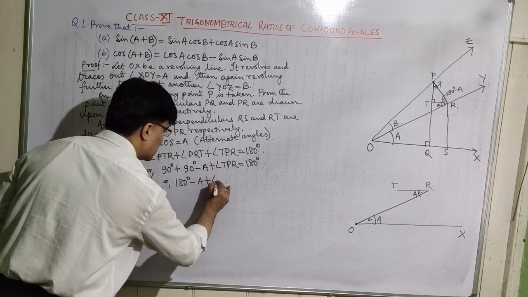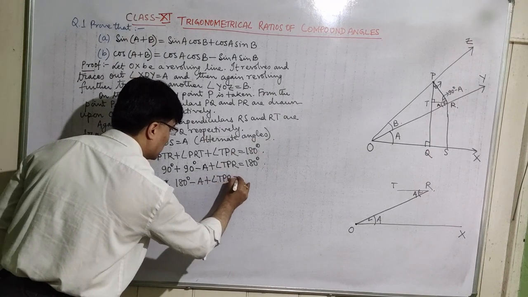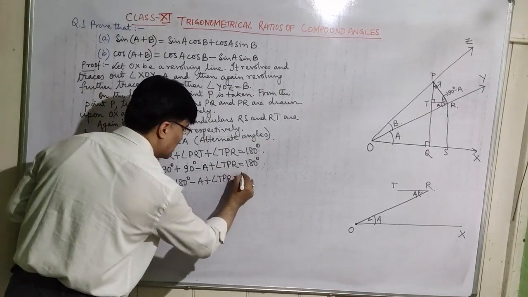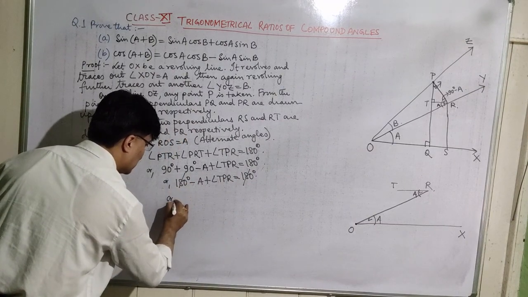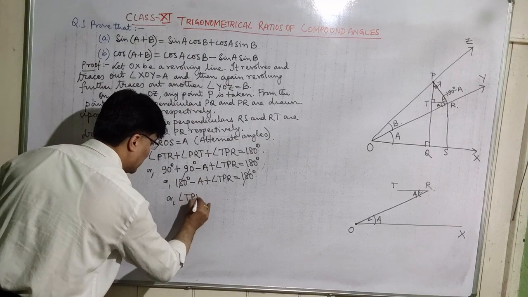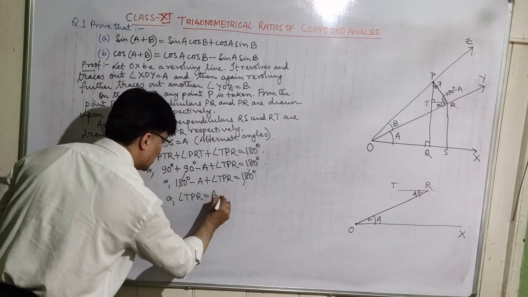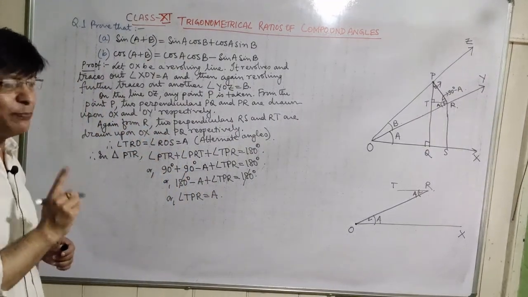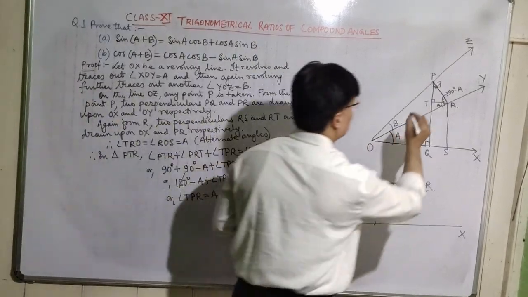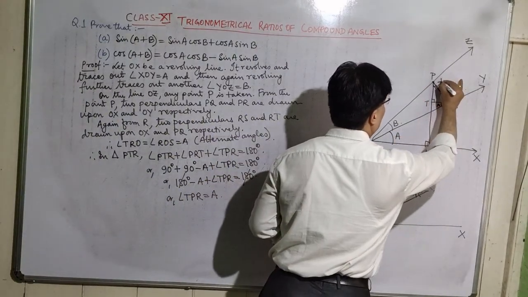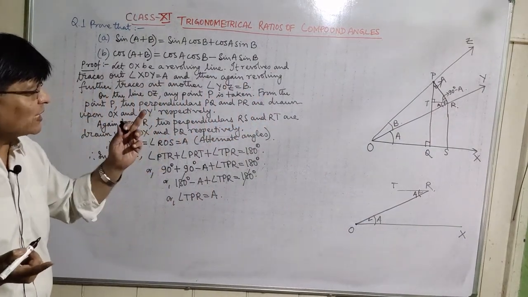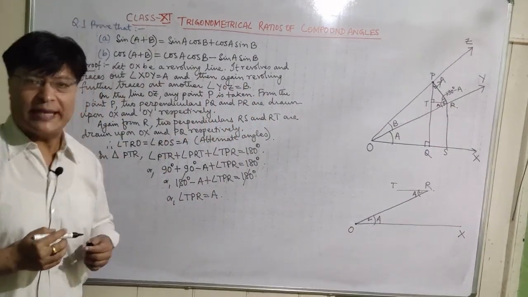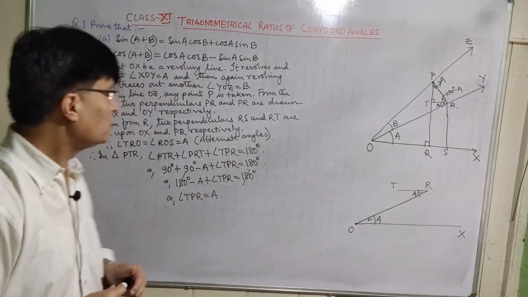Minus A plus angle TPR is equal to what? It is also 180 degree. So here 180 degree will be cancelled. So angle TPR is equal to what? It is A. So angle TPR is equal to A. So I think you have understood it. That is also A. Is that clear?